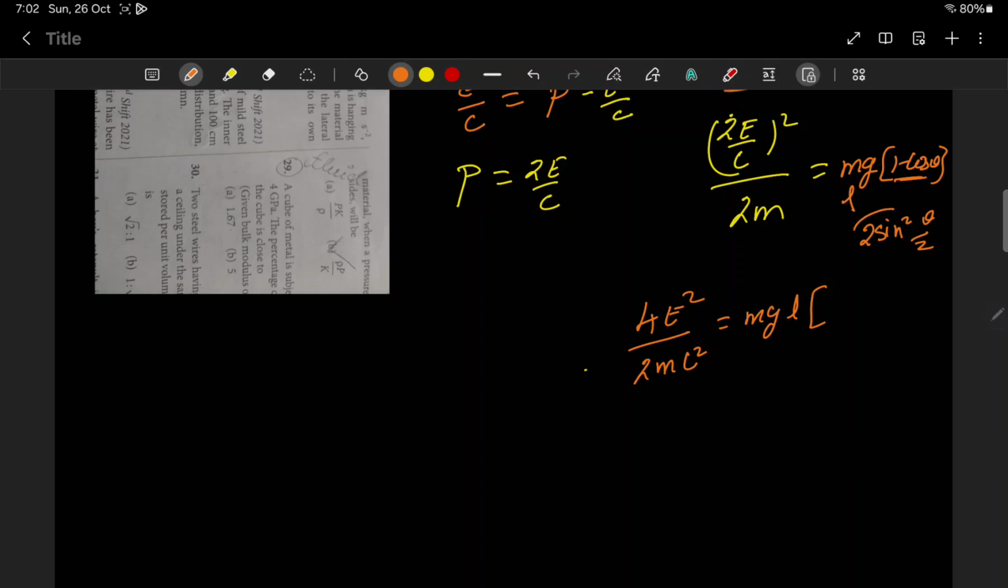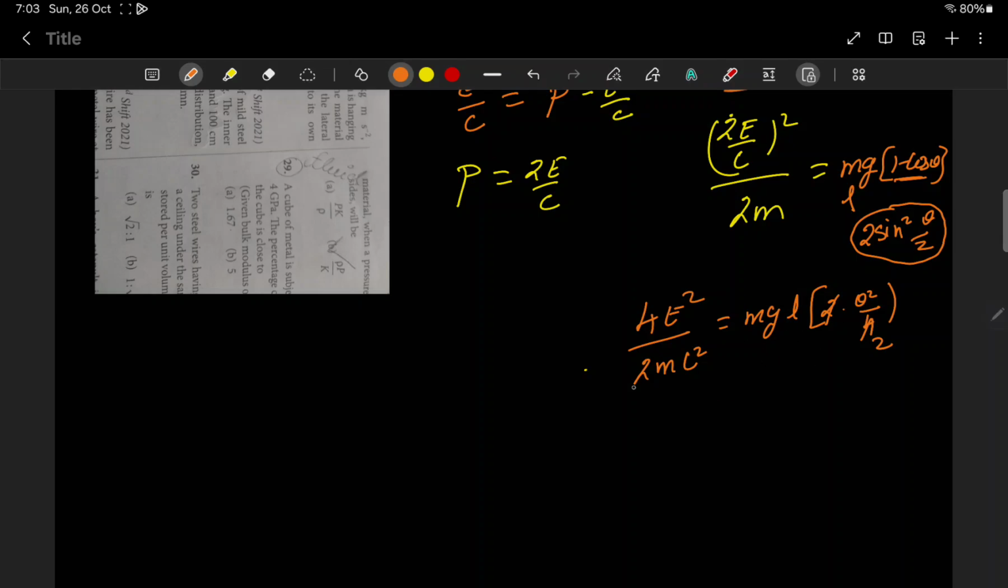So there is a formula like this: 1 minus cos theta is equal to 2 sin squared theta by 2. If you apply that approximation, sin theta is equal to theta, and you will get 2 into theta squared by 4. If you cancel, you will get theta squared by 2.